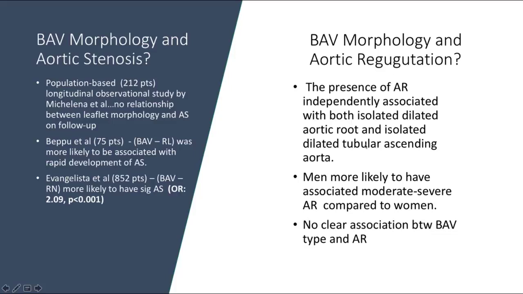We know that men who have BAV are more likely than women to have aortic regurgitation. We also know that aortic regurgitation occurs at a much younger age than those that develop significant AS. But at this point, as in aortic stenosis, I don't think there is a clear association between a valve type and AI.